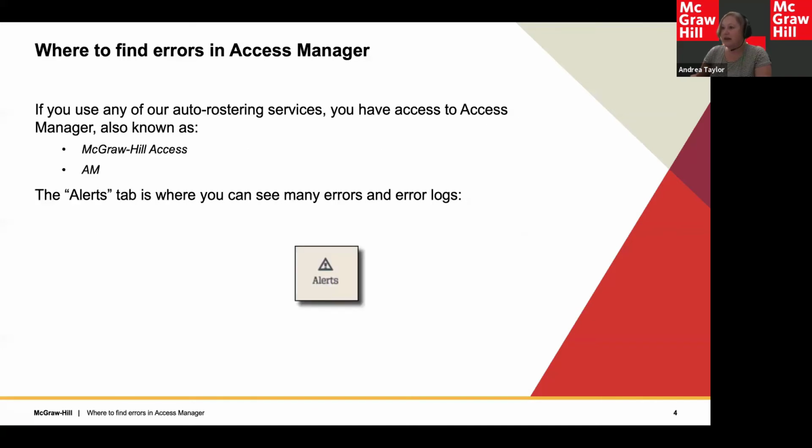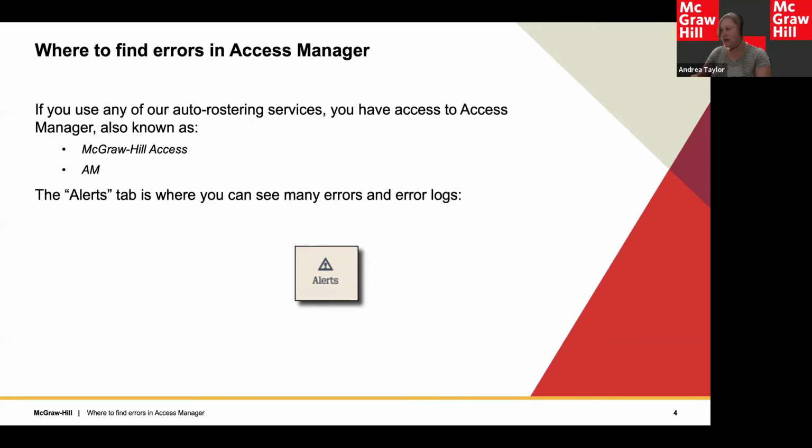All right, so if you use any of our auto rostering services, you have access to Access Manager, and you might also hear it referred to by our team as AM or McGraw-Hill Access. They're all the same thing. And I will go ahead and show you.